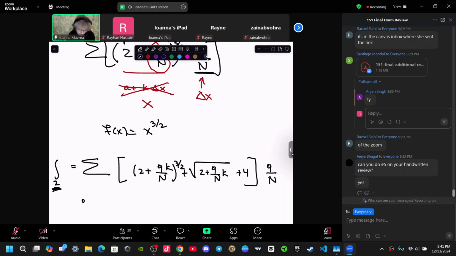This is 2, and here's the 2. And here's the delta x, because you know it. There it is on the other side. Here's your delta x, and you have k of them. So you have a plus k delta x. That's the quantity that you're going to take away and replace by x. So this whole thing is your x. So your function is x to the 3/2 plus square root of x plus 4.